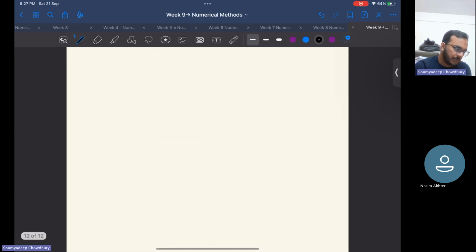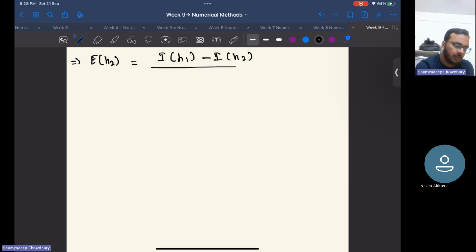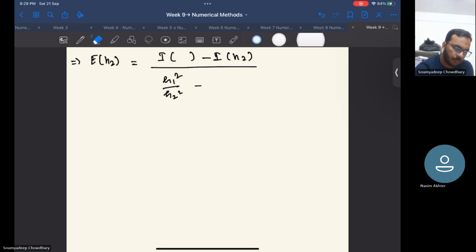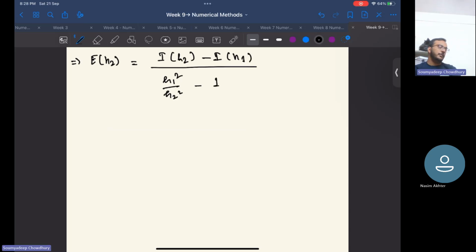So now from this, if I try to find out what is the error using step size h2, it is basically I of h1 minus I of h2 by h1 square by h2 square minus 1. So this is E of h2.